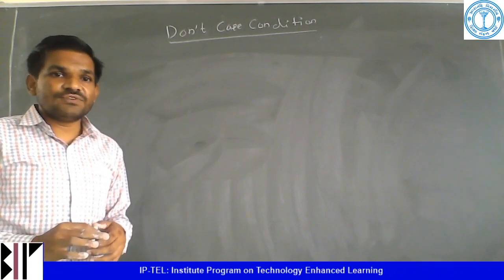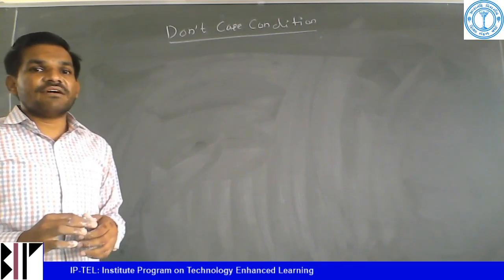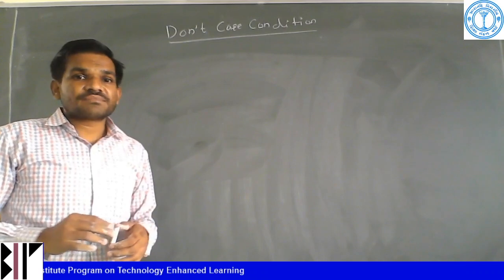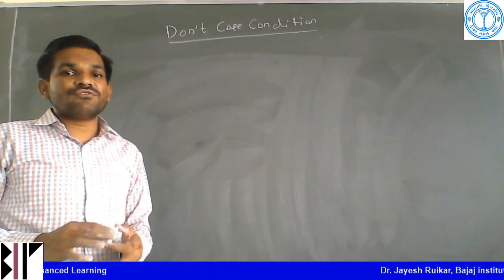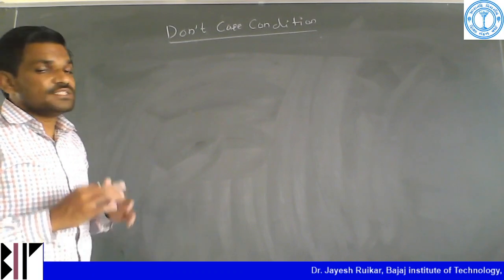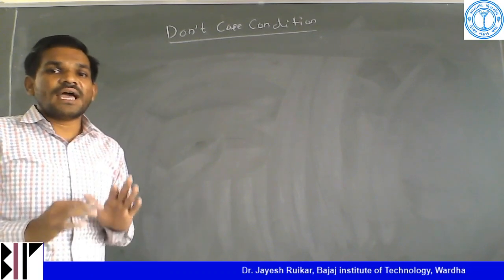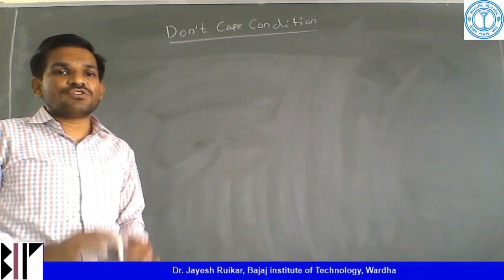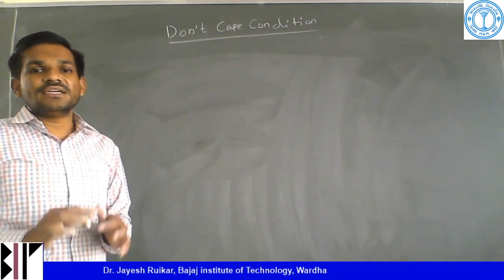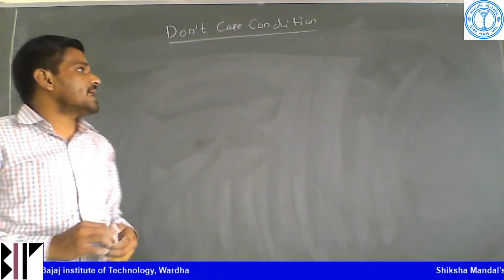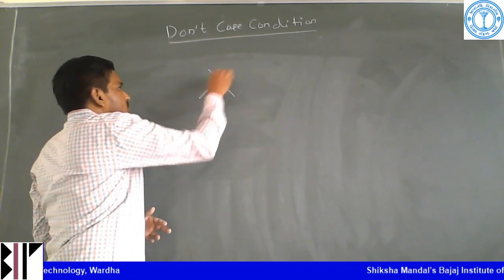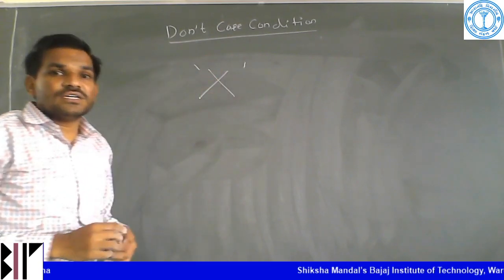In such a situation, the designer has the flexibility, it is left to him, whether to assume zeros or ones as the output of each of these combinations. These conditions are known as don't care conditions, and they can be represented as a cross mark on the K-map.